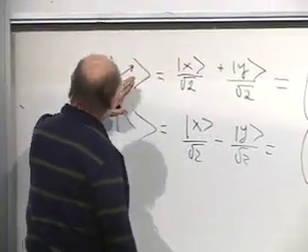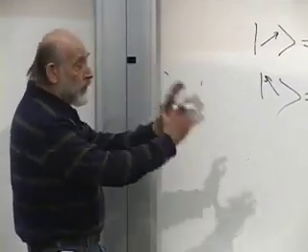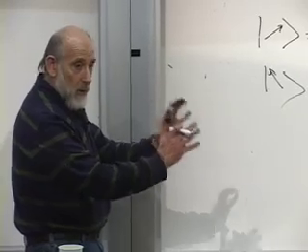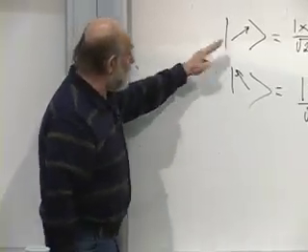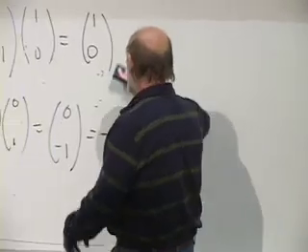Okay. What is the probability that if I create this polarization and then send it through the vertical polarizer, the y polarization, what's the probability that it goes through? Well, of course the answer is a half, but let's do it by using the rules of quantum mechanics.